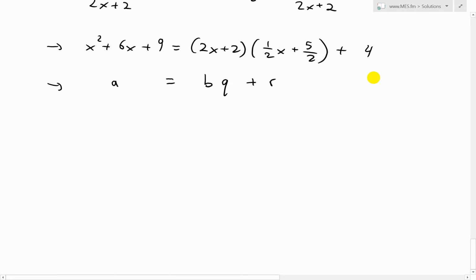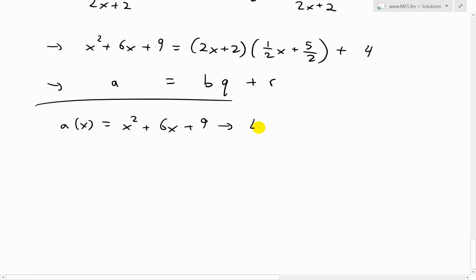And thus what we end up having is each of the functions. So a of x, just to make it like the other one, a of x equals x squared plus 6x plus 9, and in this case the leading coefficient is just 1. Leading coefficient of a equals 1, and the degree of a equals 2.